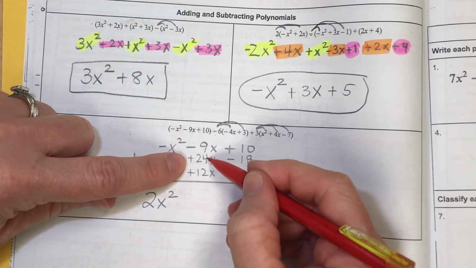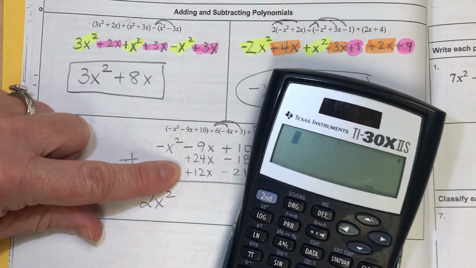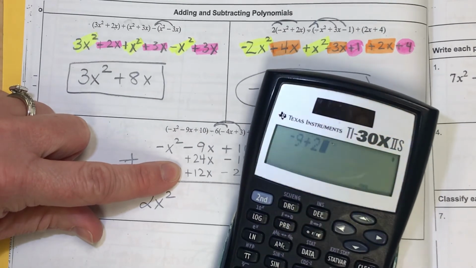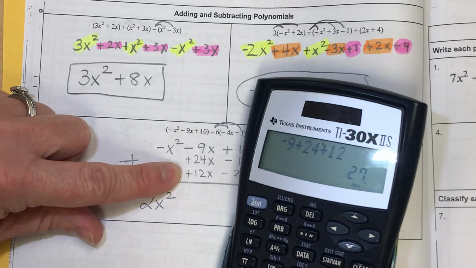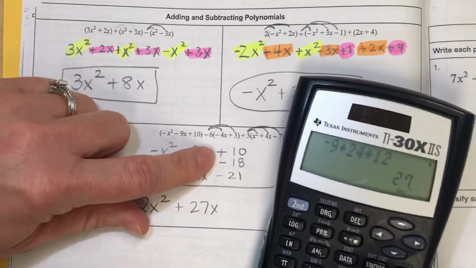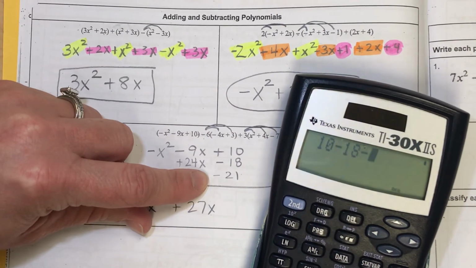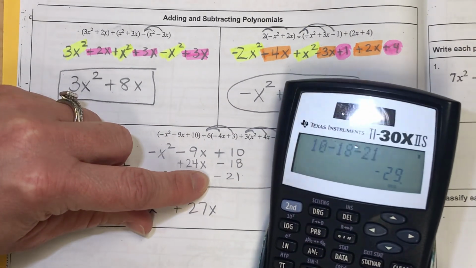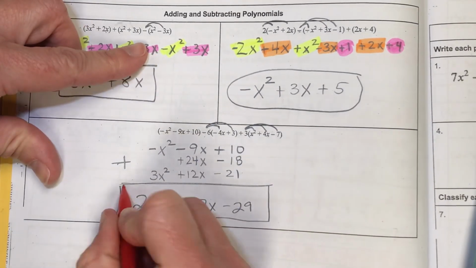Negative 9 plus 24 plus 12, I'm going to use my calculator here. Negative 9 plus 24 plus 12 gets me a total of 27 for my x term. And then 10 minus 18 minus 21 gives me a total of negative 29. And this is your answer.